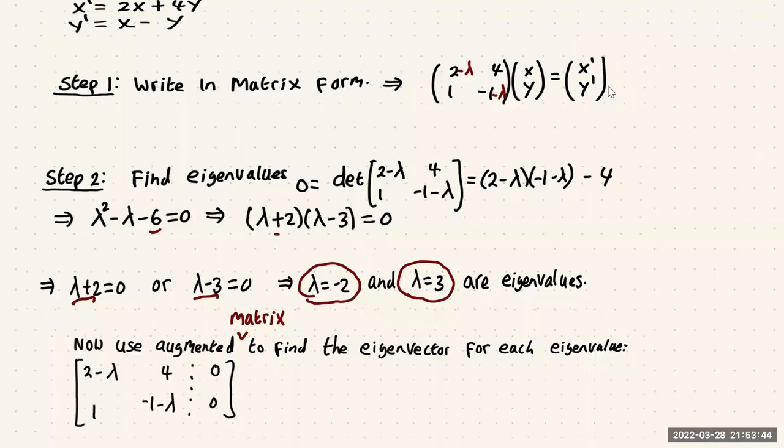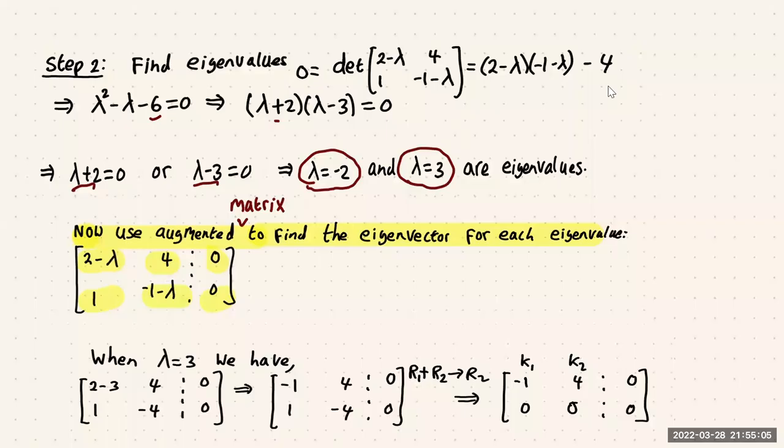Okay, so now we're going to use this augmented matrix to find our eigenvectors. This guy here. So we're going to put our lambda values in place of lambda. So we're going to have 2 augmented matrices to solve. Let's look at, say, lambda equals minus 2 first. So putting minus 2 in place of lambda, we get the following. Okay, actually, I'm doing lambda equals 3 first here.